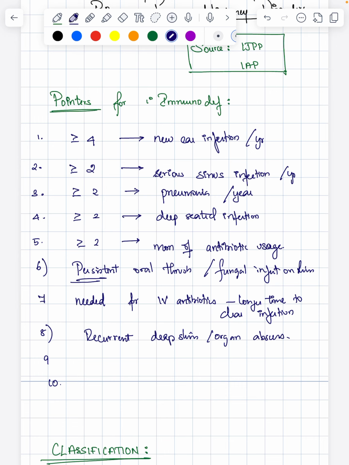Ninth point, when the child has a family history of primary immunodeficiency disorder. Tenth point is when the infant has a failure to gain weight or grow normally. This is when you suspect the child to have a primary immunodeficiency disease.